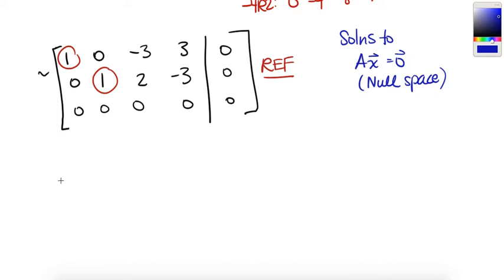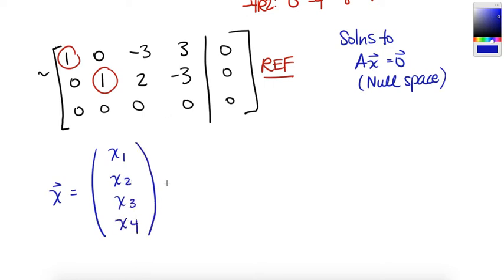All right, so let's see. 4 columns, 1, 2, 3, 4. So any solution that we have is going to be x1, x2, x3, x4. All right, and x1, so we have negative 3x3 plus 3x4. We move those over to the other side, and we would get 3x3, oops, minus, let's actually remember to change the sign, 3x4.